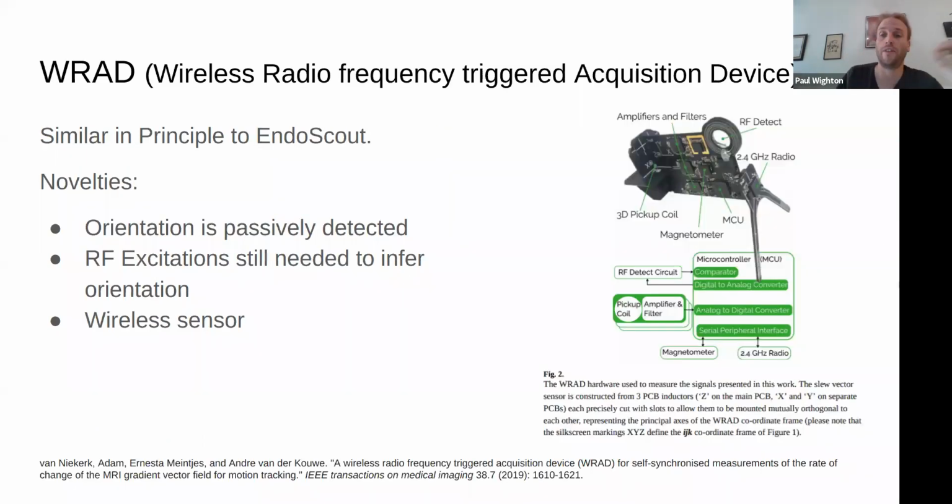But what I think is really cool about this is without any sort of RF or gradients being inserted into the sequence, orientation can be passively detected with the use of a magnetometer and a gravitometer. So the gravitometer, or the accelerometer, will find the gravity vector, right?